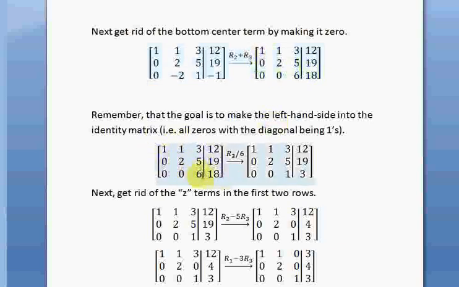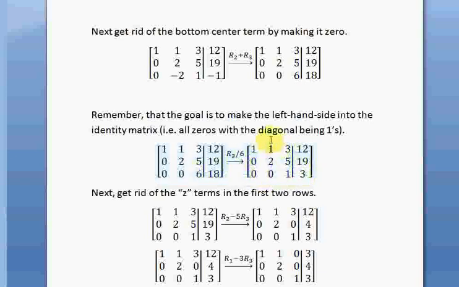Well, addition and subtraction won't work here. We simply need to do division. I'm going to take row 3 and divide everything by 6. Well, 0 divided by 6 is still 0. Same here. 6 divided by 6 is 1, and 18 divided by 6 is 3. So now I have zeros in the bottom part of my diagonal, and I have a 1 right here, so I am doing great. Now I have zeros down here.